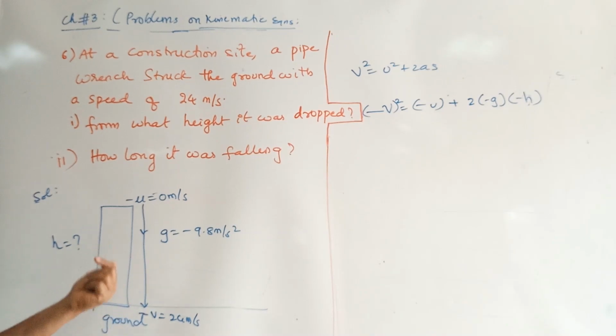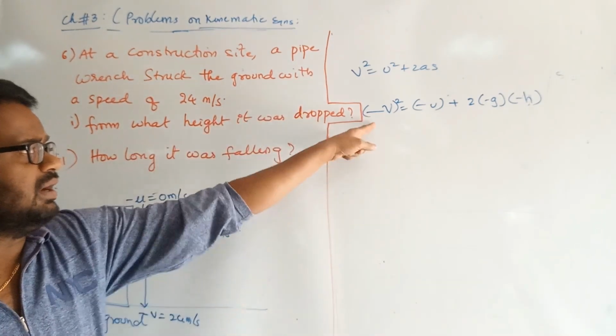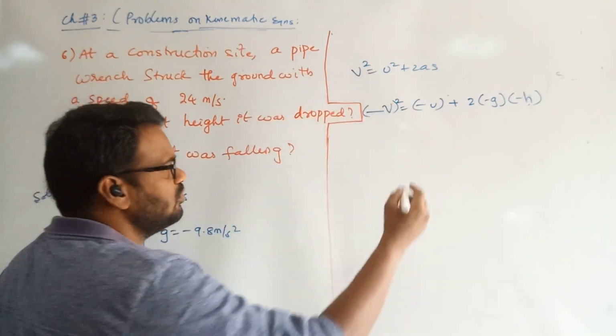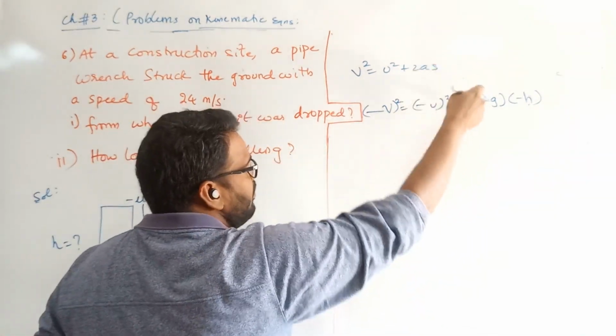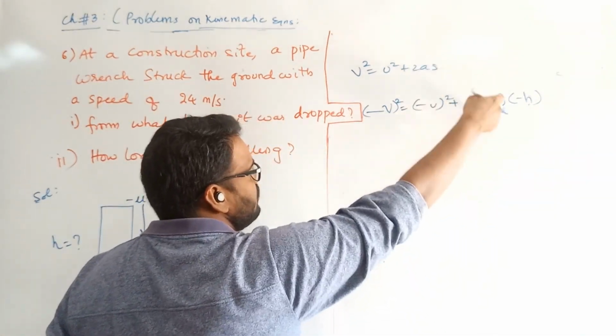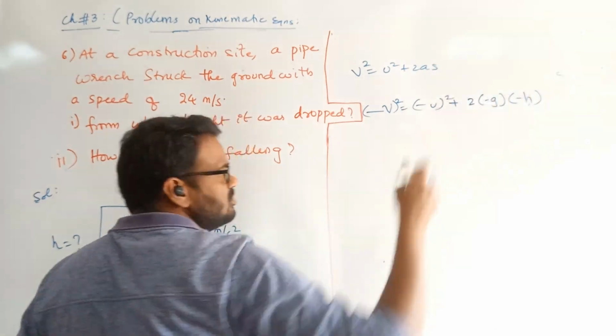Anything going down is always negative. V going down is negative, U going down is negative. Plus is as is, 2 is as is, A going down is minus G, S going downwards is minus H.